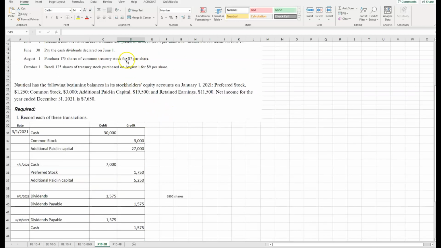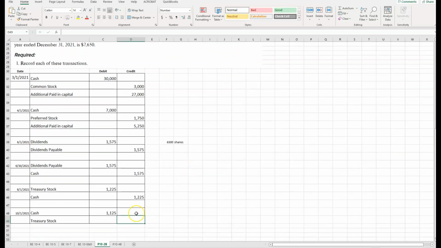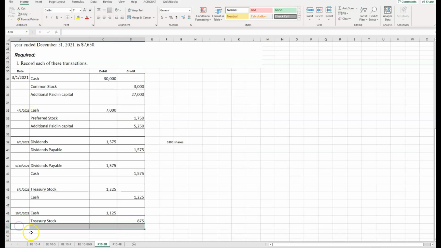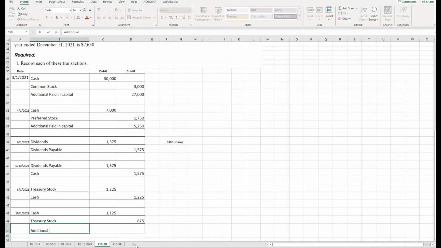Well, we put it in at $7 a share, so we can only take it out at $7 a share. So 125 times 7, or $8.75. The difference goes to additional paid in capital. 1125 minus 875, or 250.